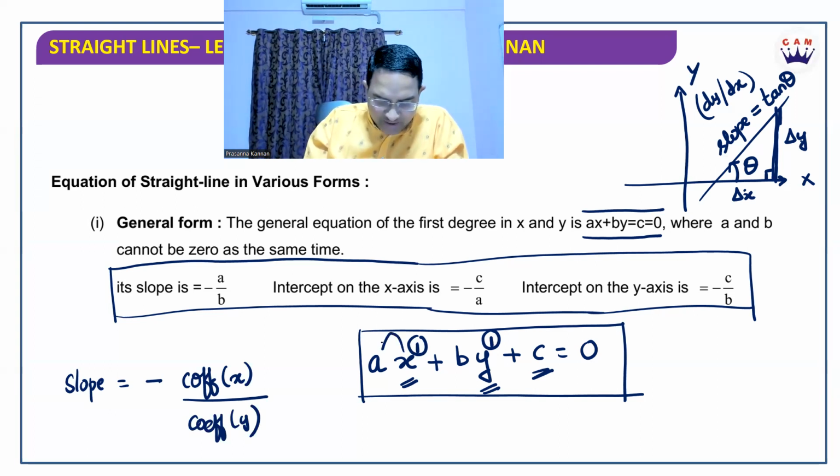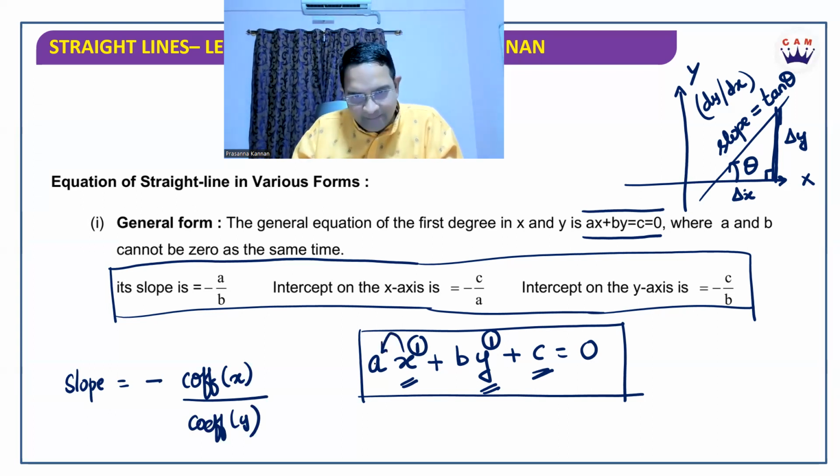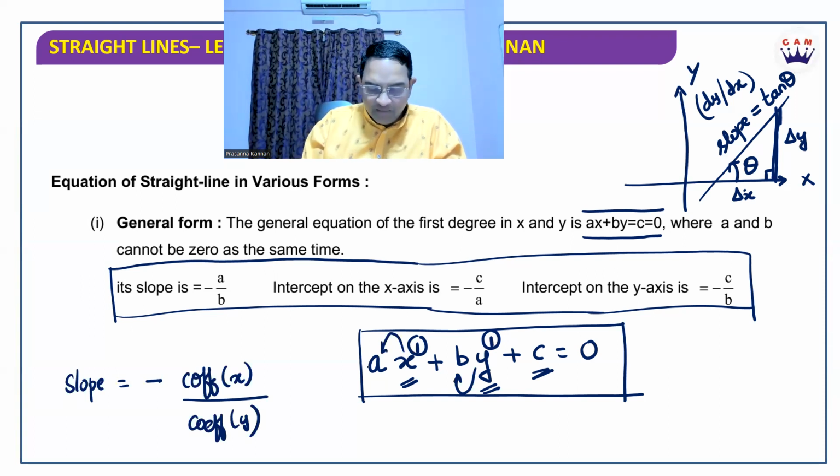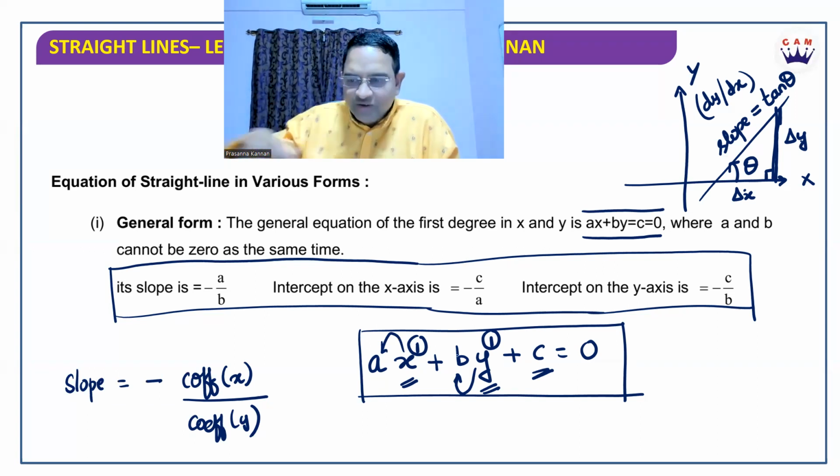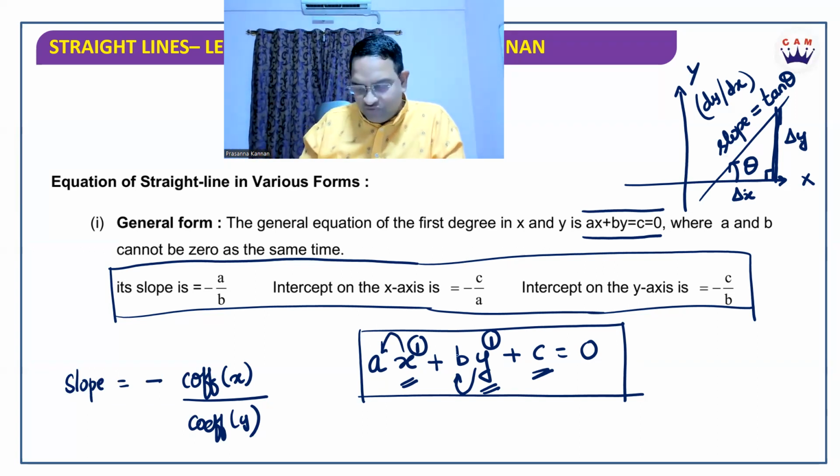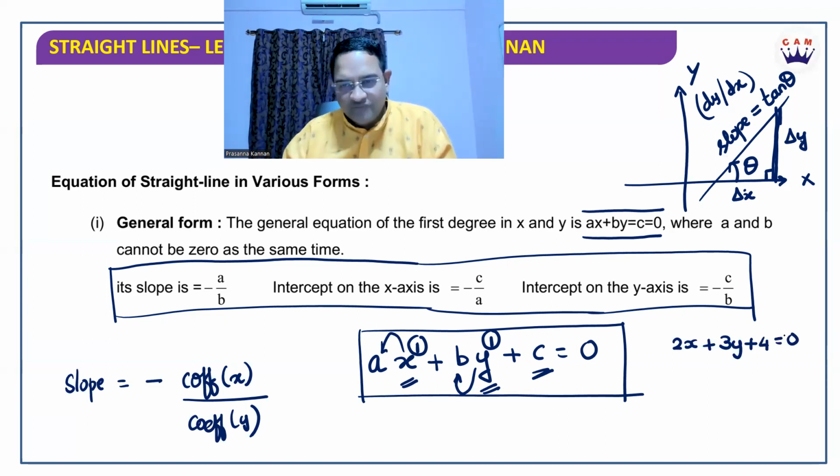What is the coefficient of x, students? A. What is the coefficient of y? B. Therefore, slope will be nothing but minus a by b. Can you quickly tell me some answers? What is the slope of the line 2x plus 3y plus 4 equal to 0? Quickly tell me. What is the slope of this line?